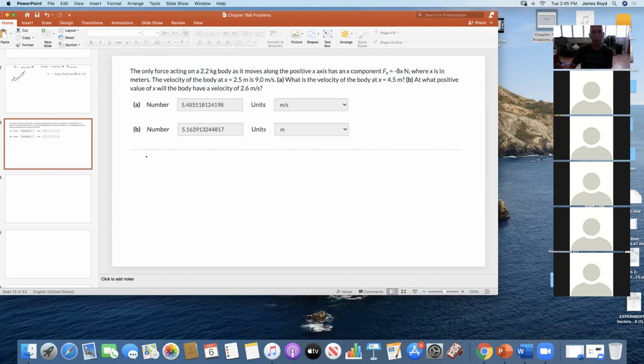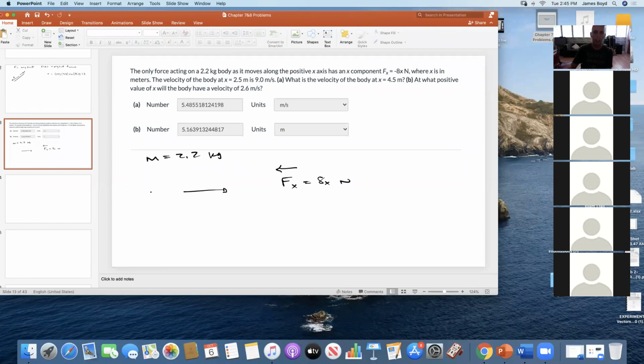But anyway, we're told that we have a mass that's 2.2 kilograms, and that it's moving in the x direction. But it's subject to a force in the x direction, which is negative, a force that is 8 times x newtons. Okay.